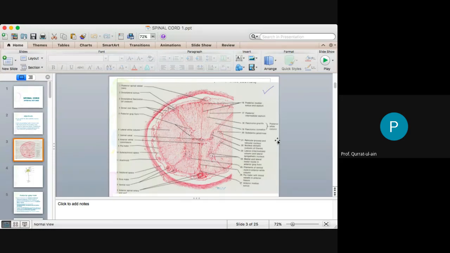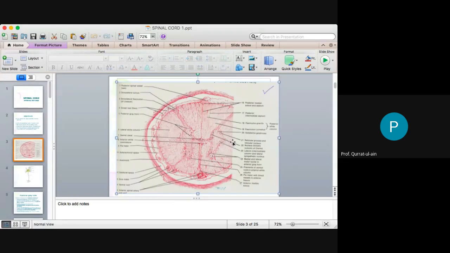Both the sensory and the motor nerve form a spinal nerve, and the motor fibers are leaving and the sensory fibers are entering into it.